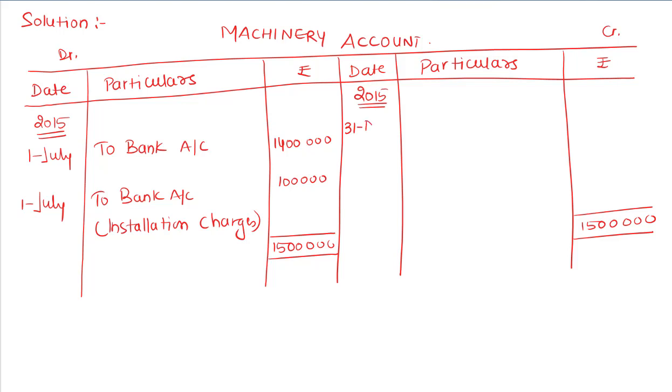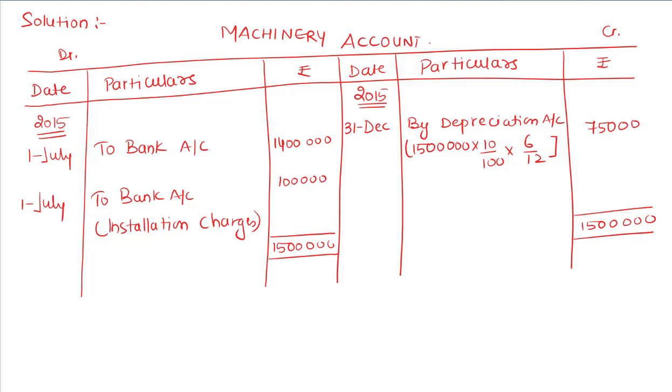On the last day, that is 31st December 2015, depreciation needs to be charged. So, by depreciation account, 15 lakhs multiplied by 10%, which is given in the question, rate, 6 by 12, from 1st July 2015 to 31st December 2015, for 6 months, it is 75,000.